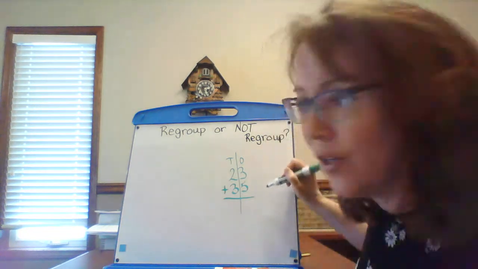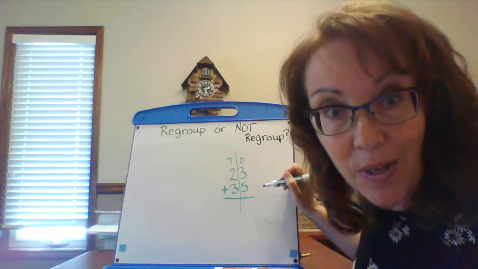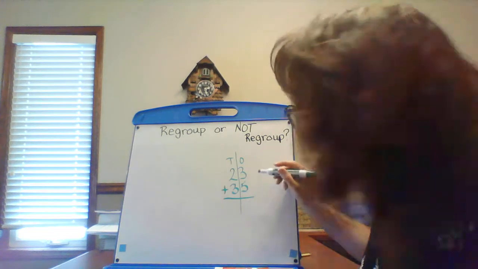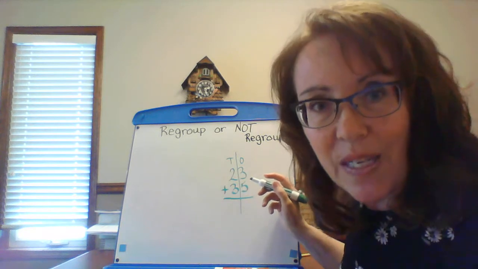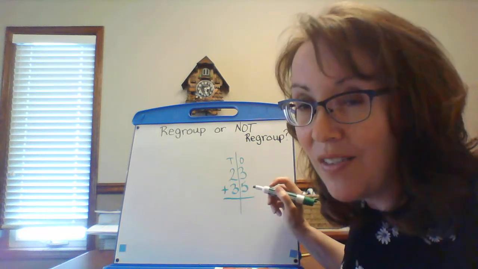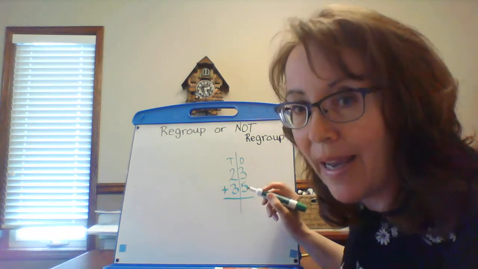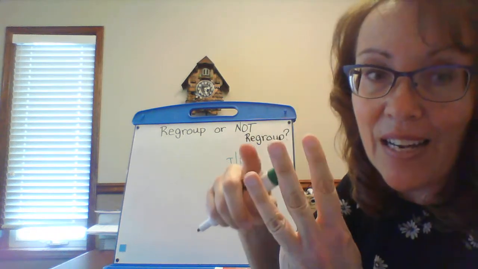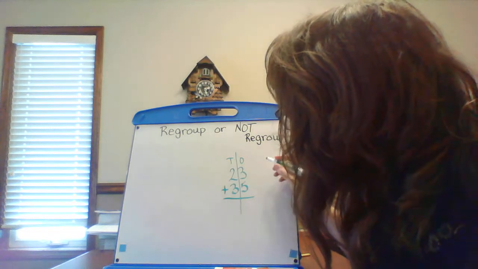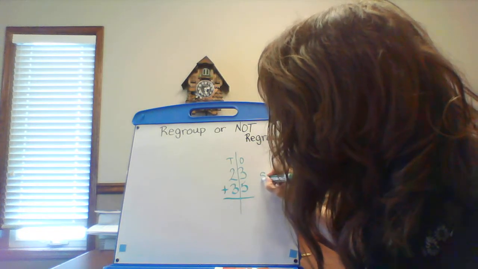Now I look into the ones place, and that's where I start, on the right. I have 5 plus 3. Well, I know 5 plus 3 is 8. If I want to figure it out by snapping it into my head, I can go 5, snap, add 3 more. 6, 7, 8. So now I'm going to put my 8 here on the side.